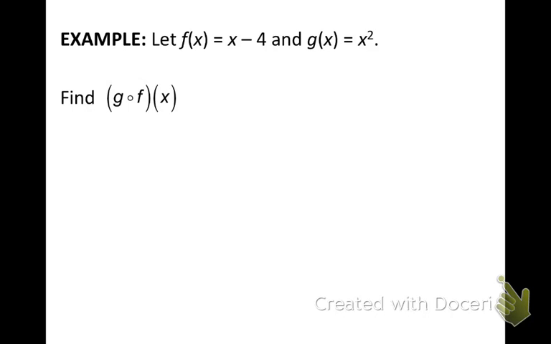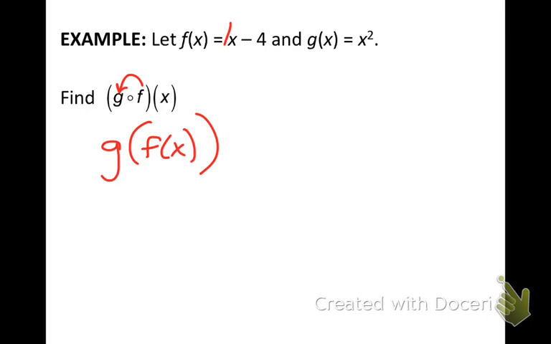All right, so now if we rewrite this, I want to find g of f of x, and I'm going to put my f of x function in place of the x in g. Or if it's easier for you to think about, f goes into the g. So here's my g function.